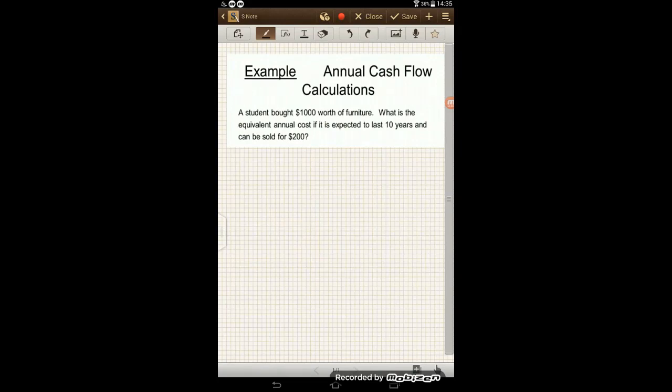For this one we need to again use A is equal to the present value times A over P, which converts present value to the annual cash flow, with our interest rate and the years, minus the future value.